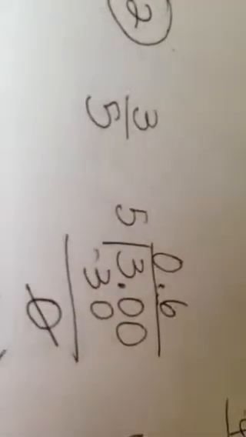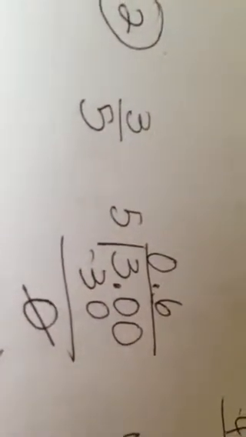Number 2 is 3/5. Pause it, sub. With 3/5, you can just go ahead and T-bow it. When you T-bow it, you get 0.6, which is 6/10.